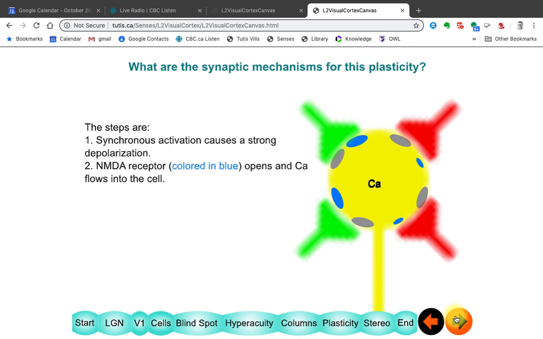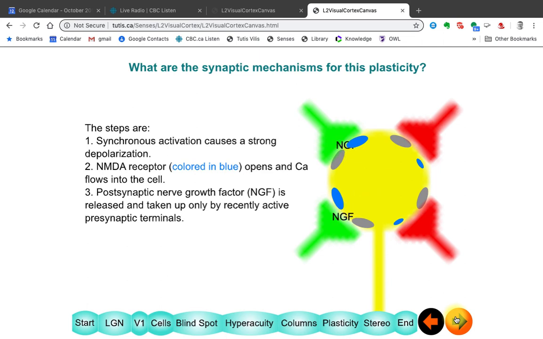That calcium then produces a growth factor, and that growth factor goes out through the NMDA channels that were just opened up, and makes those bigger.